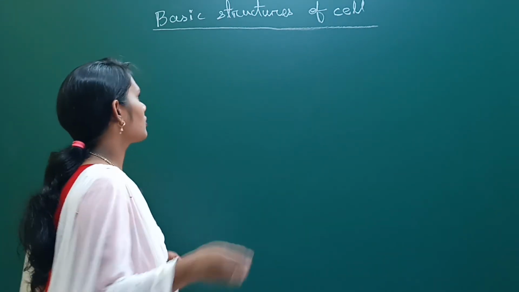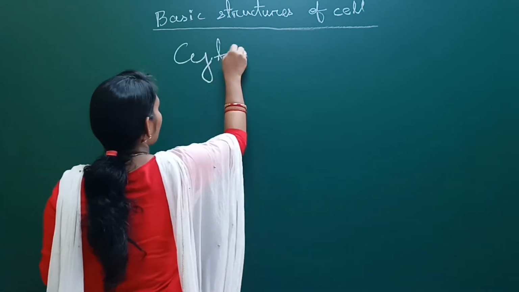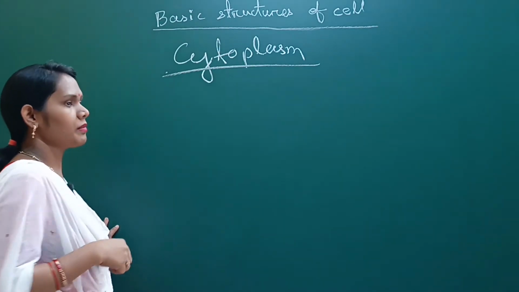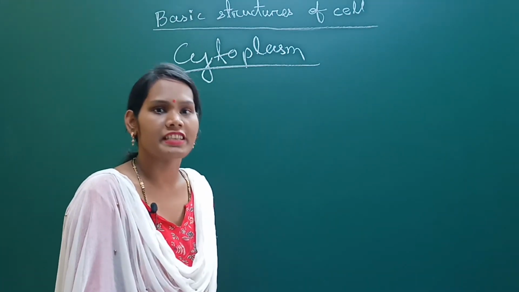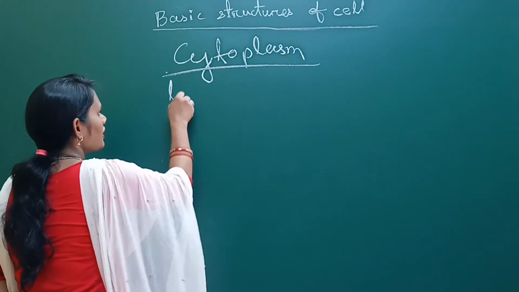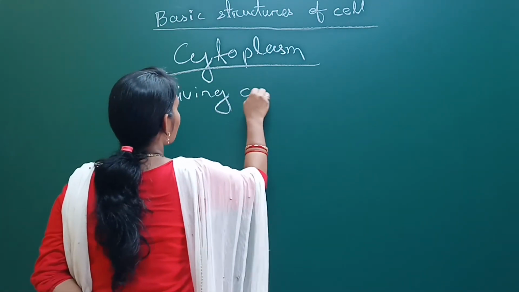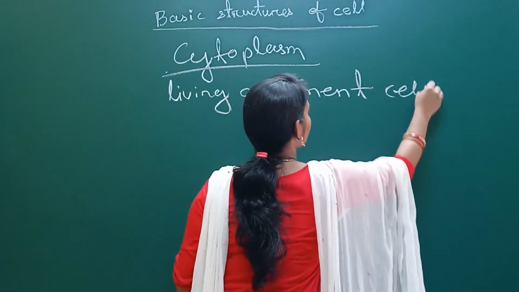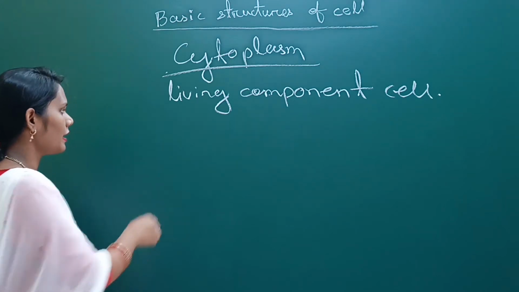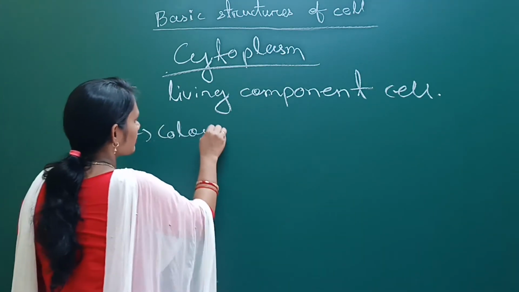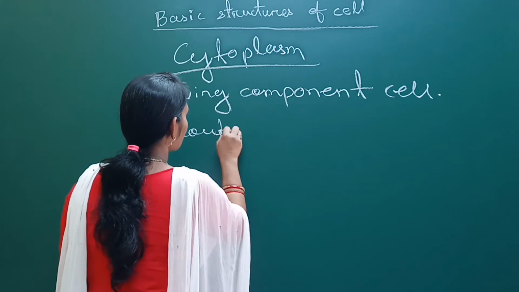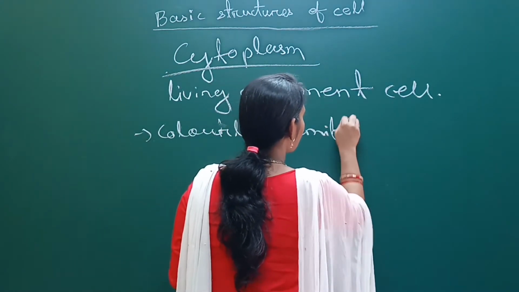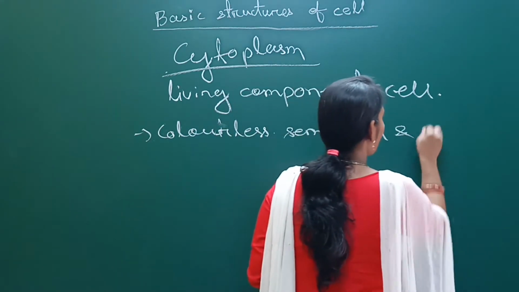Now let's discuss another basic structure of cell, that is cytoplasm. Cytoplasm is present in every living cell. It is the living component of cell. So how does it look? It is a colorless, semi-fluid and jelly-like substance.